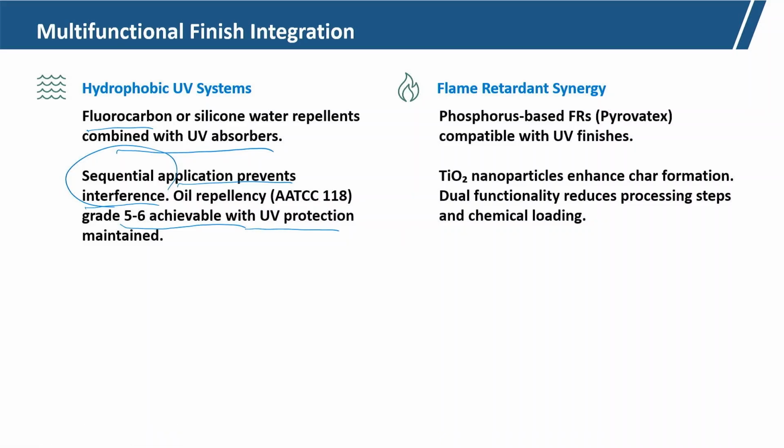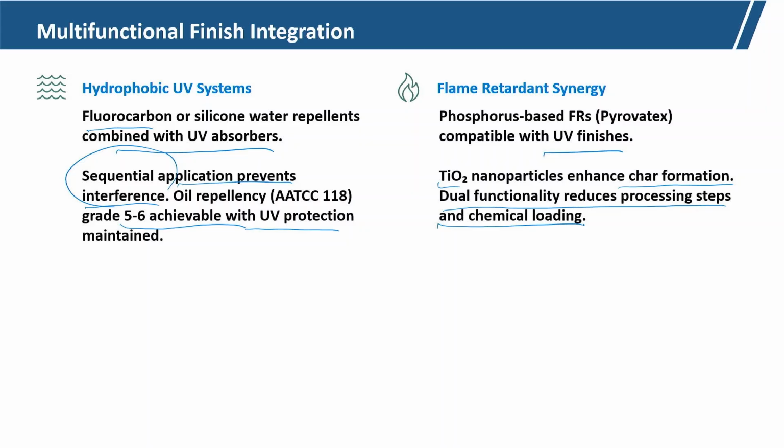If we want flame retardancy along with the UV protection, phosphorus based flame retardants are used, which are compatible with the UV finish. Or titanium dioxide nanoparticles enhance the char formation, and dual functionality reduces the processing steps and chemical loading.